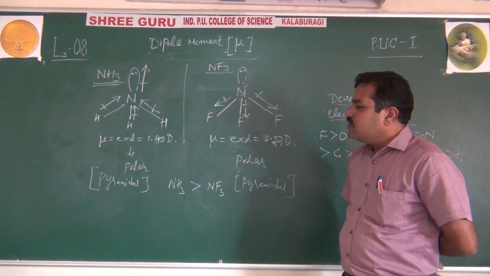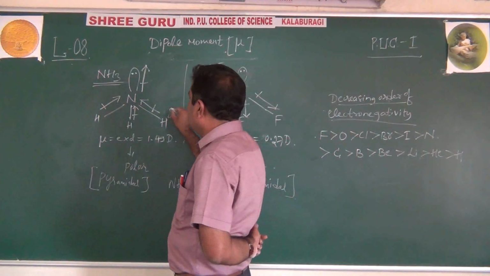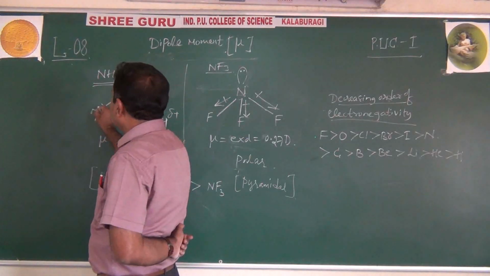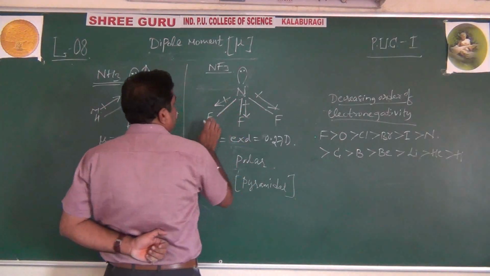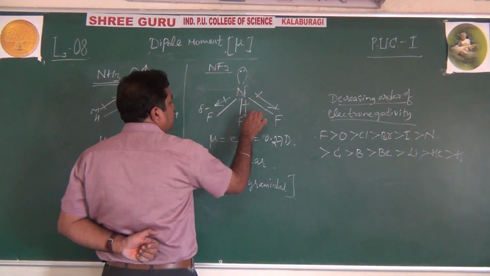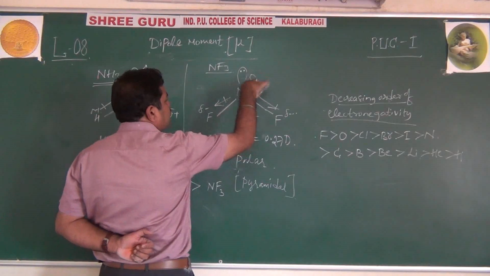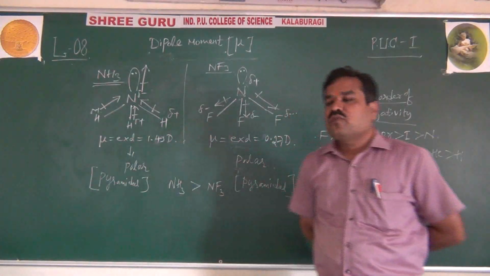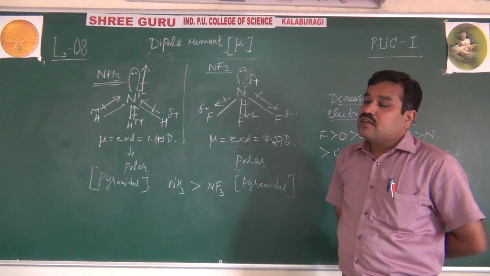Right? I'll repeat once again here. Hydrogen is less electronegative, therefore now I will write delta plus on hydrogen and delta minus on nitrogen. And here fluorine is more electronegative, delta minus, and nitrogen here delta plus. This is the important point to be noted. That's why at the beginning I have not written it, otherwise you will get confused.